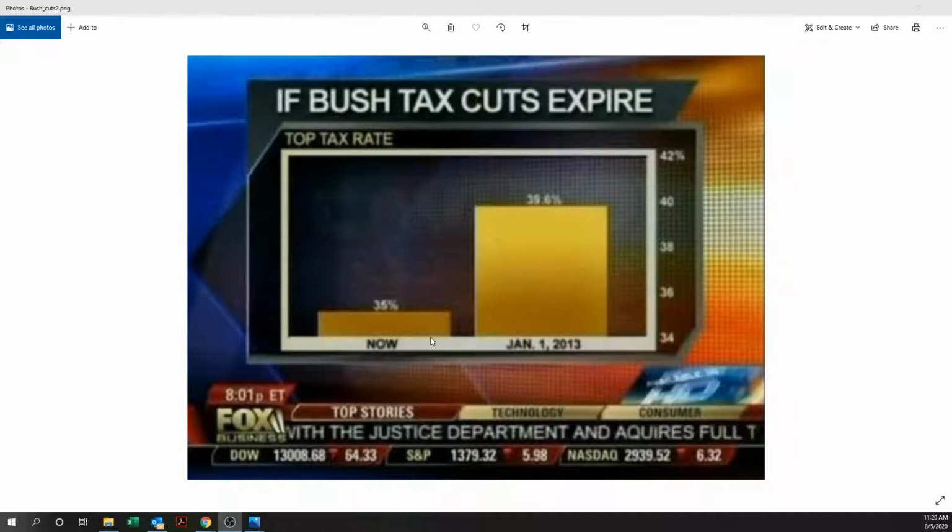But when you just look at the chart itself, you'll think, wow, that's a huge change if the Bush tax cut expired. So this is a very misleading diagram. People are unethically using statistical methods to support whatever political argument they want to make, but obviously this is unethical. So let's look at another example.